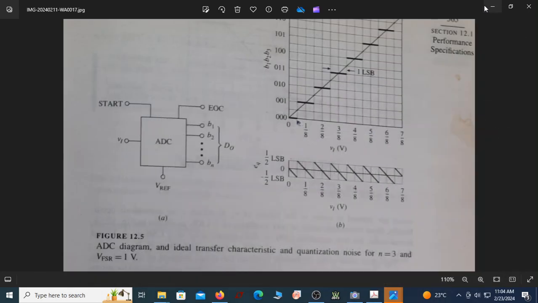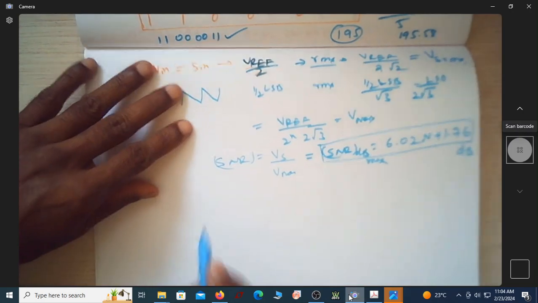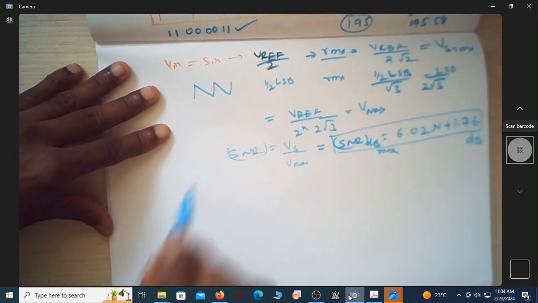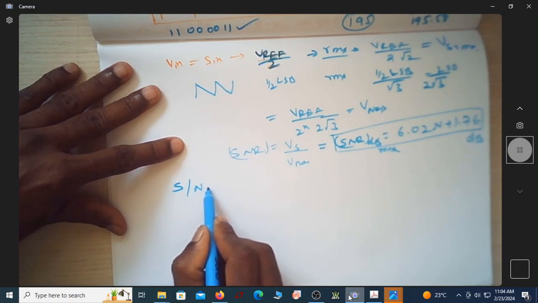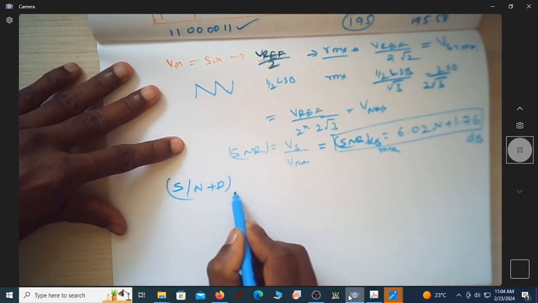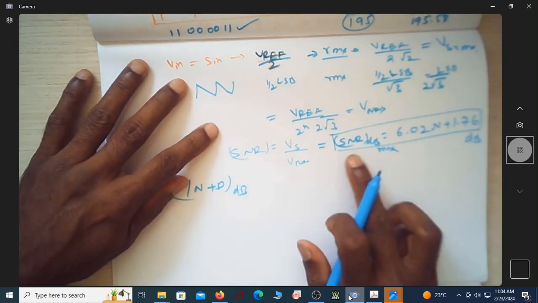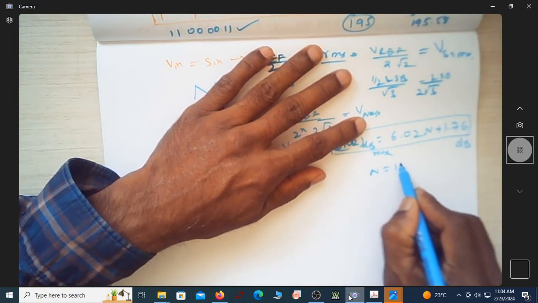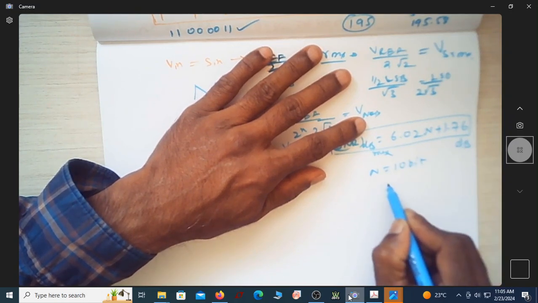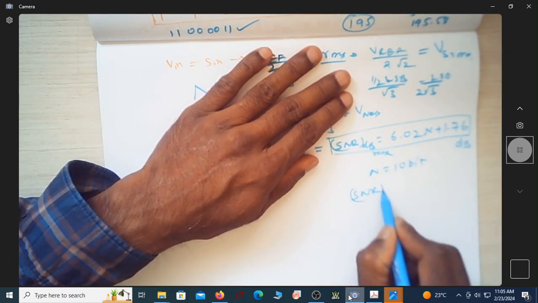So for a given ADC, there will be a signal to noise plus distortion ratio in dBs. This is the SNR max you can think of. Assume n is equal to 10 bits. Then what is SNR max?